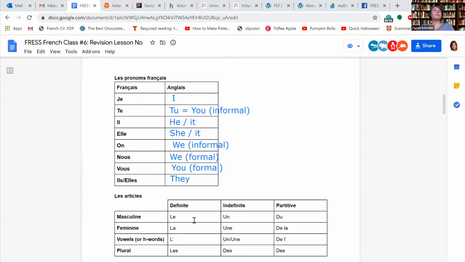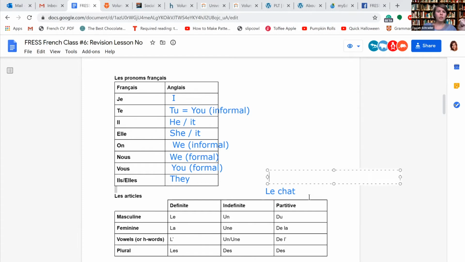So an example would be le chat, which is the cat. Cats are masculine if they're not defined. If you don't tell someone that your cat is a girl, then they'll just immediately say it's a male.